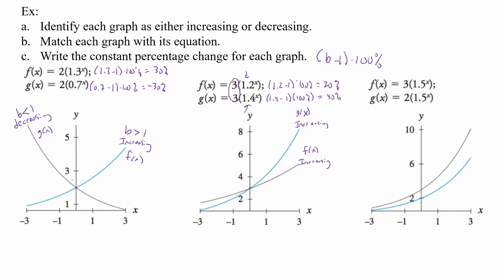So far, this is pretty easy. This one wasn't too bad. Well, this one's going to be just about as easy as that first one, because now if we're looking strictly at a's, which is all we can do, because guess what? Those are the same b's, so they have the same rate of change. We just have to figure out which one has the point where 3 is and which one has the point 2 on our y-axis. And so what can we say about them? Well, they're both increasing.